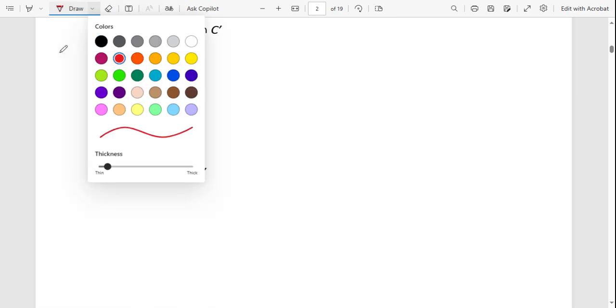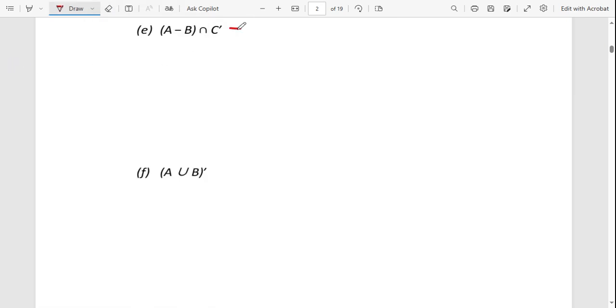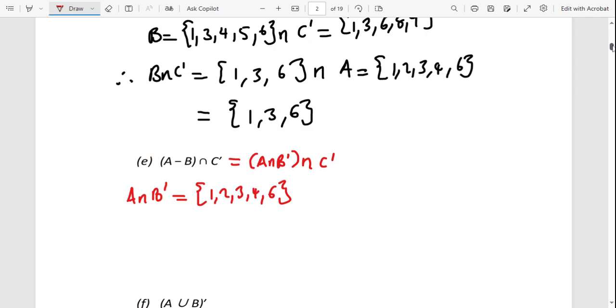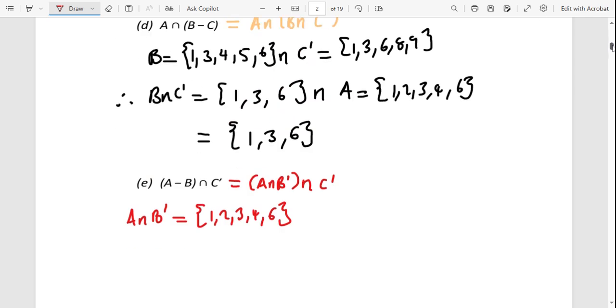Okay, thank you. The next one is A minus B, which is A intersection B complement, and then we have got intersection C complement. Again, we'll first find A intersection B complement. The set A is 1, 2, 3, 4, 6, right? Hope I've not mistaken. Okay, that's the one.